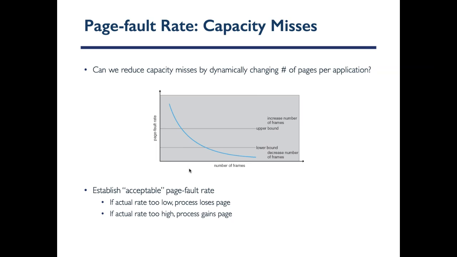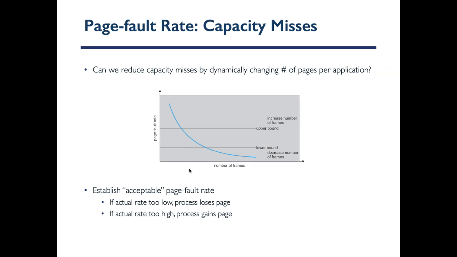If you have an acceptable policy and you observe that some process has a high page fault rate, you can allocate more memory to that process and bring its page fault rate down.